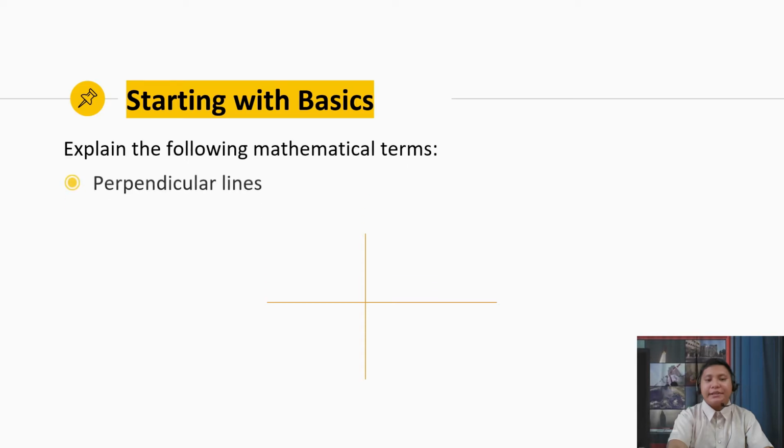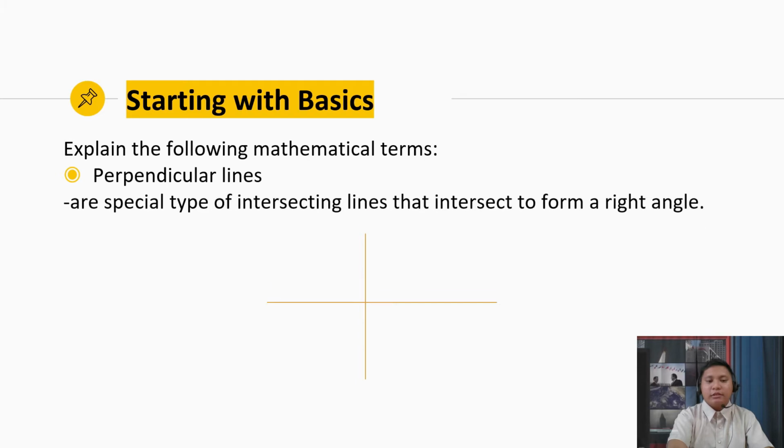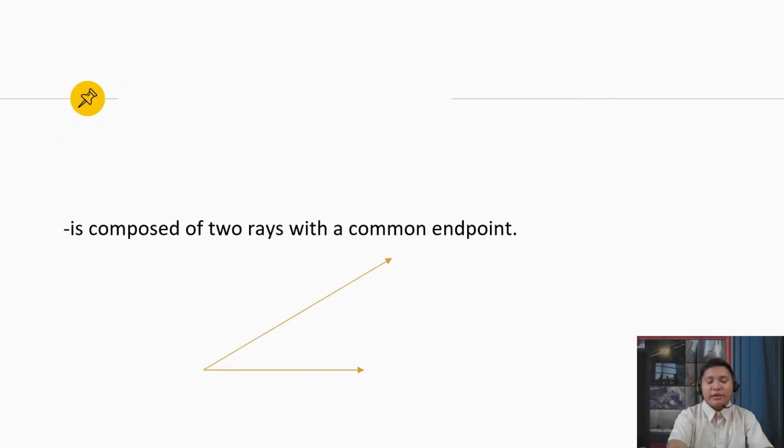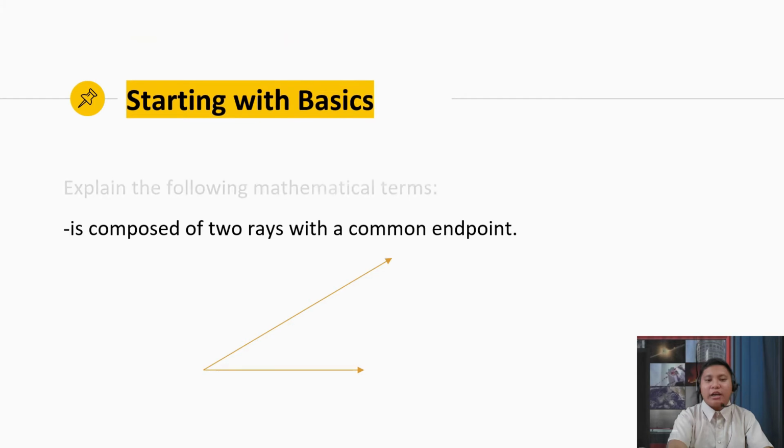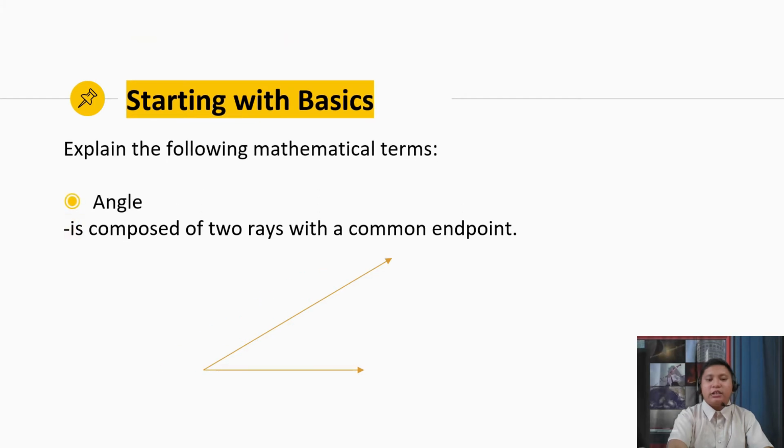This is perpendicular lines. These are a special type of intersecting lines that intersect to form a right angle. These are angles. An angle is composed of two rays with a common endpoint, or the vertex.